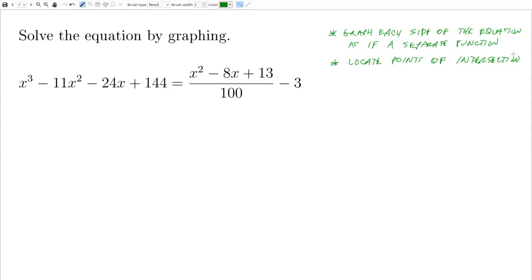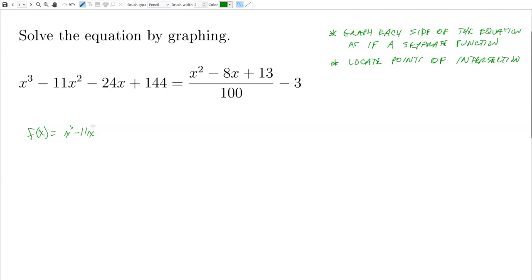So in principle, it's fairly simple, but in practice, not always quite so simple, but let's do this example. So we're going to treat the left side as f of x.